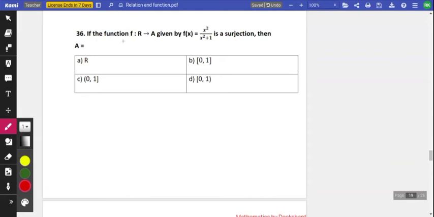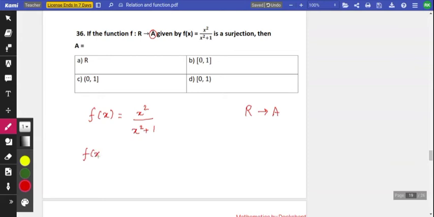In this question, the function is from R to A, given that f(x) is a surjection, then A is. Basically, f(x) is equal to x² upon x² + 1.